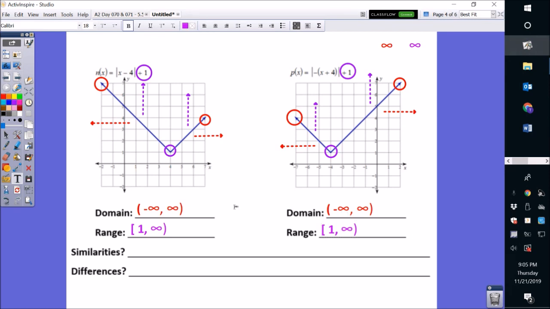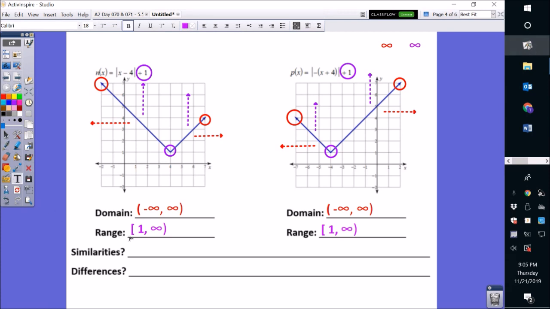So let's compare the two examples and the two domain and range. So again, we mentioned how the graph reflected across the y-axis. Did that affect anything to our domain and range? So comparing the two, domains are exactly the same. Then looking at the range, the two ranges are exactly the same.